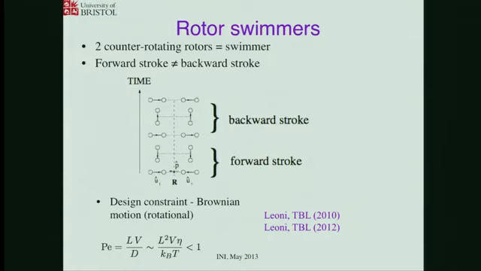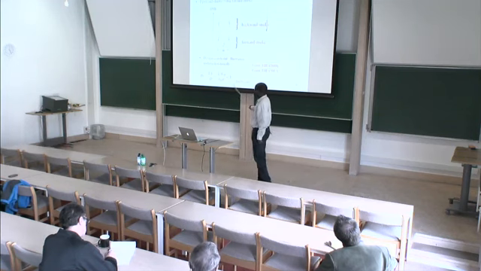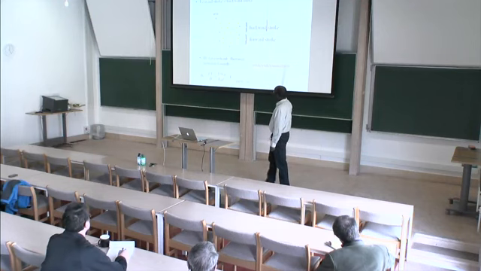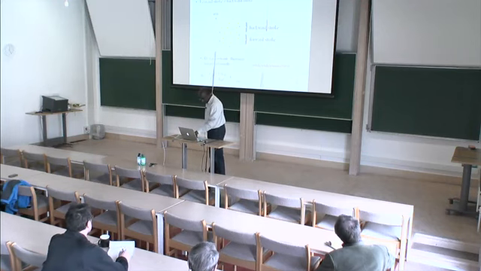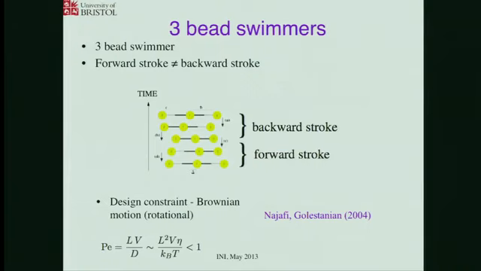I just want to note something: if we put in the numbers corresponding to one of these objects moving at the speed of a micron a second, we can calculate the Peclet number, and it's less than 1. So that means that essentially diffusion of this object is important. That's an important point. We can do the same thing for this 3-bead swimmer. If we make an object which is of the order of a micron in size, the Peclet number is small.